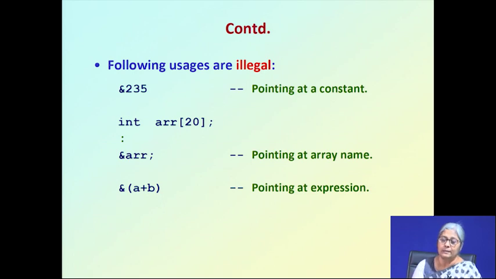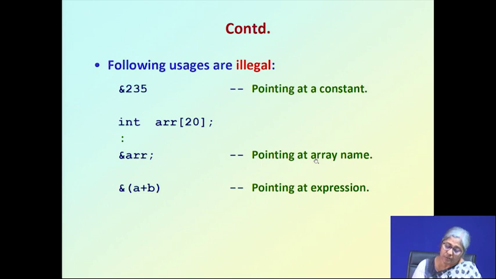So these are all illegal. I cannot give ampersand on a plain value. This is illegal, wrong. Int ARR 20 is a declaration of an array named ARR of size 20. ARR is the name of the full array, so I cannot give ampersand ARR, because that points to an array name.